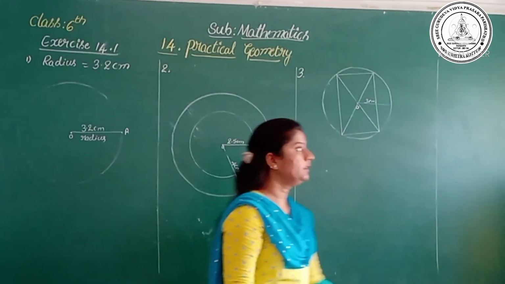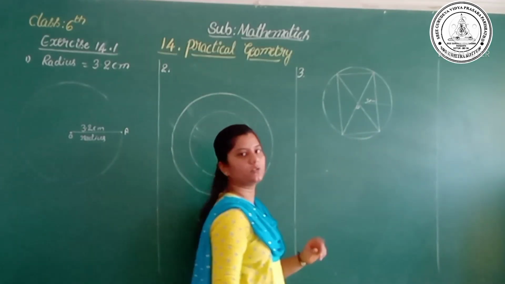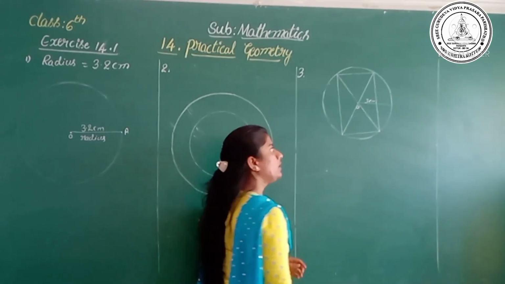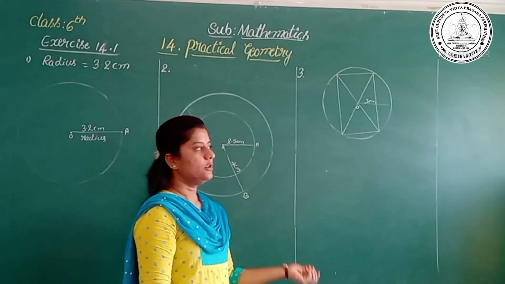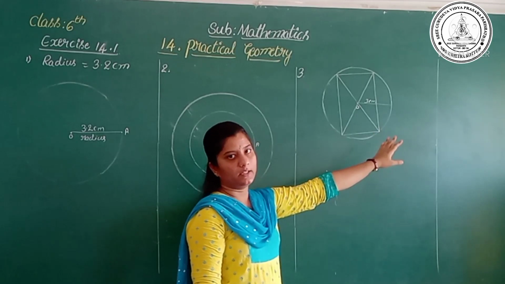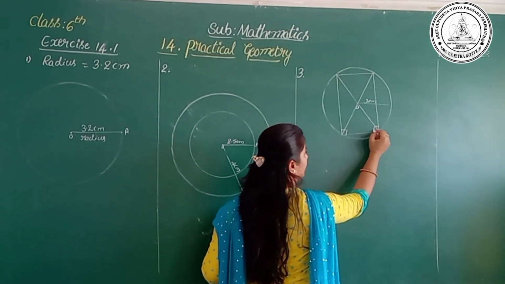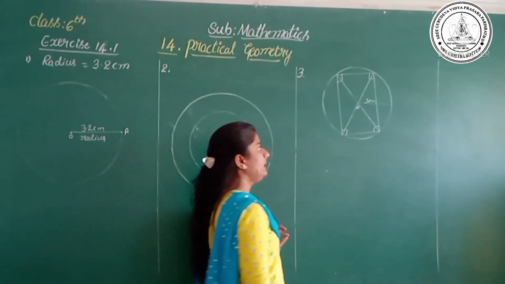Now you may see here, the lengths of opposite sides are the same, and here also the opposite sides are the same. So it is the property of a rectangle, right? In a rectangle we see that the opposite sides are equal, and each angle measures 90 degrees, right? So here each angle measures 90 degrees.